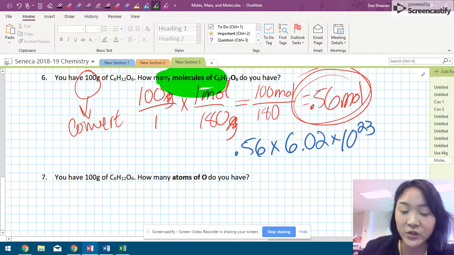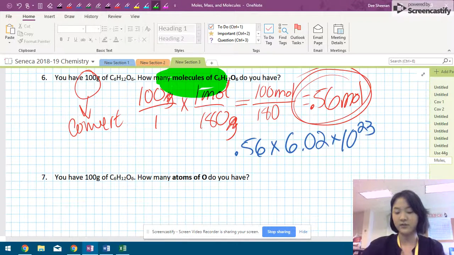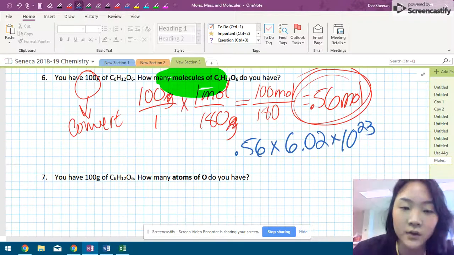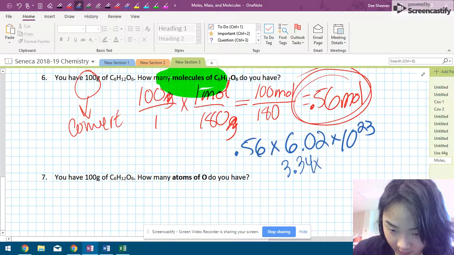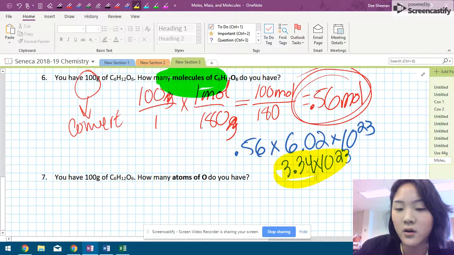This is the last step. We just got to multiply these numbers together on our calculator. And that is going to give me the value of 3.34 times 10 to the 23rd. And that is going to be my answer for number 6, this number right here.